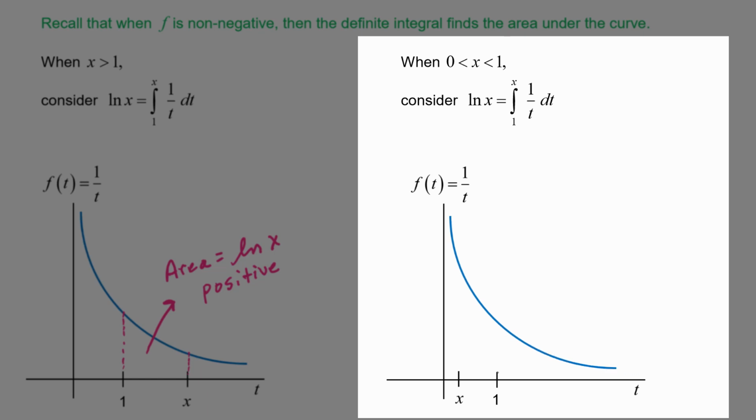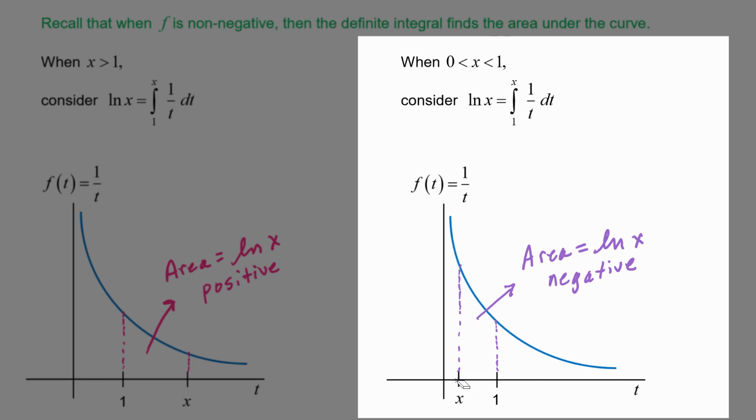This time, we are integrating from 1 backwards to x, which means this area right here, which of course equals ln of x, is going to be negative this time, because even though this area is above the x-axis, we are integrating in the backwards direction. We are starting at 1 and integrating to x. If we started at x and integrated to 1, then this would be a positive area.